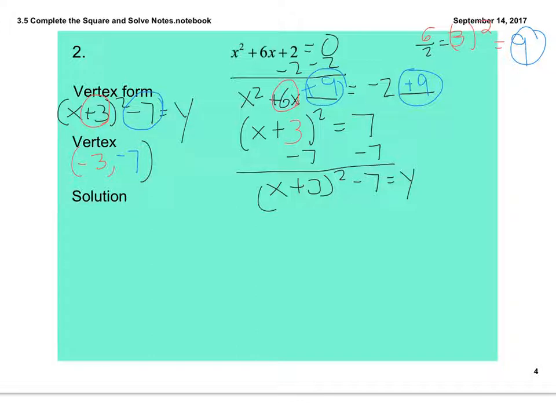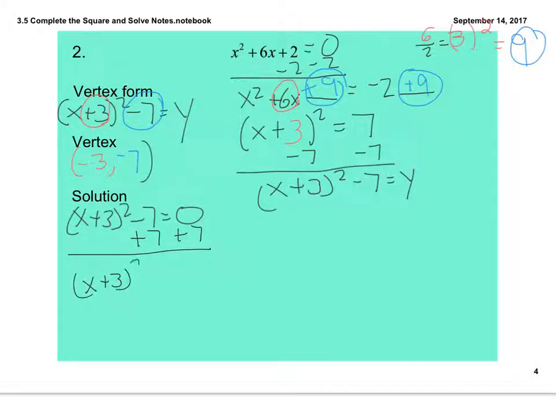So far, so good. Now we are going to go ahead and come up with a solution. Again, we set our equation, x plus 3 quantity squared minus 7 is equal to 0. In order to solve for this, I need to move 7 over to the other side, so I'll add 7 to both sides, and I get x plus 3 quantity squared is equal to positive 7.